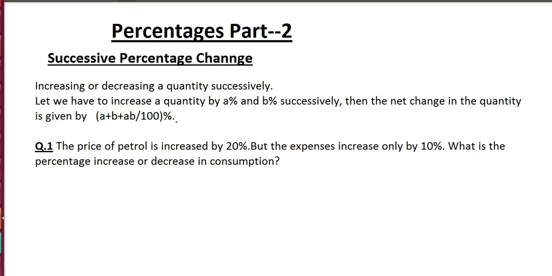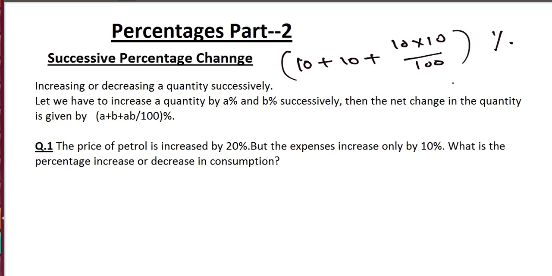So if the quantity is increased successively by A% and B%, then the net change or resultant change in the quantity is A plus B plus AB by 100%. For example, if the quantity is increased successively by 10%, then the net percentage increase in the quantity is given by 10 plus 10 plus 10 into 10 by 100%.